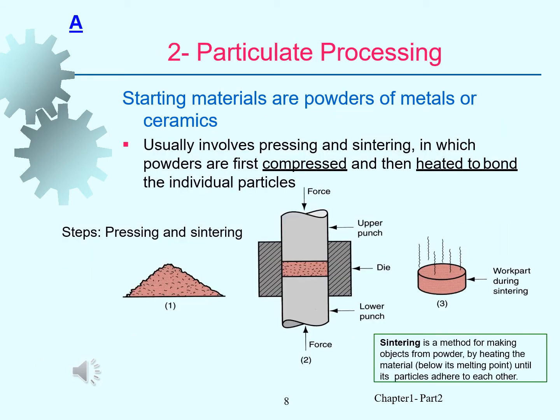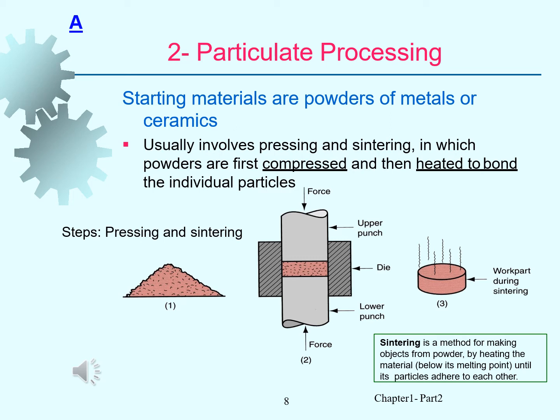So this is particulate processing. The little cartoons on this slide show sintering. Basically, you start out with just powdered metal. Stick it in some kind of mold, press it together, heat it up a little bit probably. So they stick it in that die, and what spits out is this solid metal part.